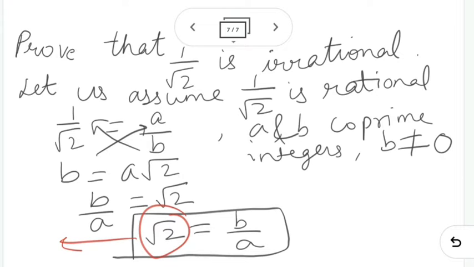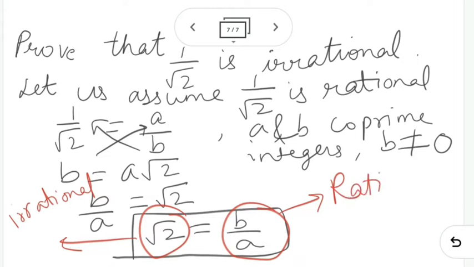We know root 2 is an irrational number, and this form b upon a is just like p by q form. This shows a rational number. So this is a contradiction. This statement is wrong. We can't have a rational number equal to an irrational number. This is not possible. It means what we assumed in the beginning is wrong.